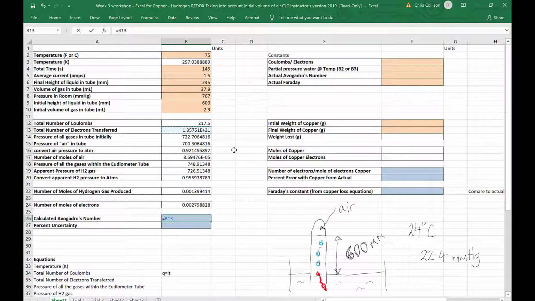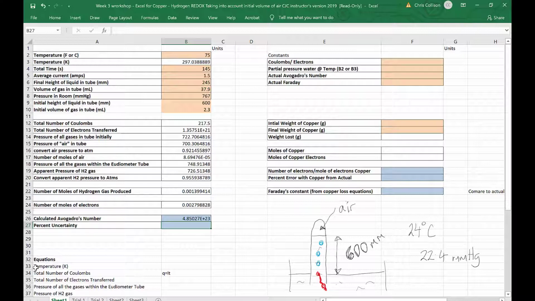And we're going to divide that number by the number of moles of electrons that were actually needed to give us 0.0014 moles of hydrogen gas. So we multiply that number and we come up with a number in this particular example of 4.85 times 10 to the 23. It's not exactly 6.022 times 10 to the 23, but it's pretty darn close.